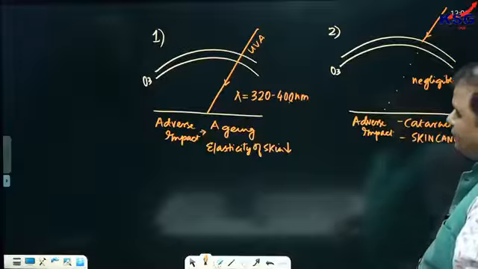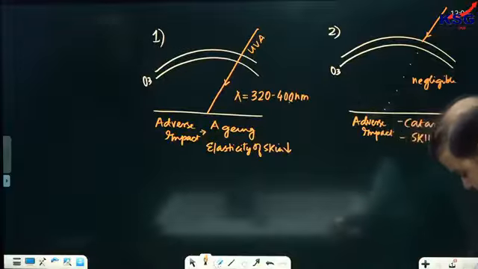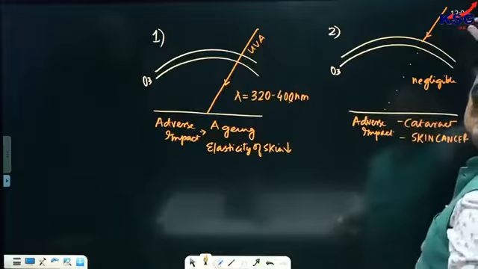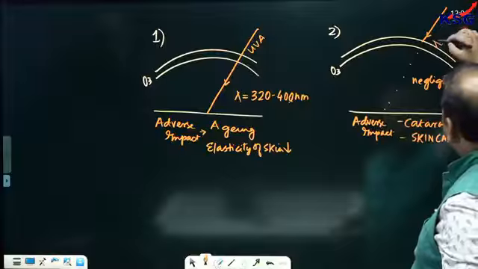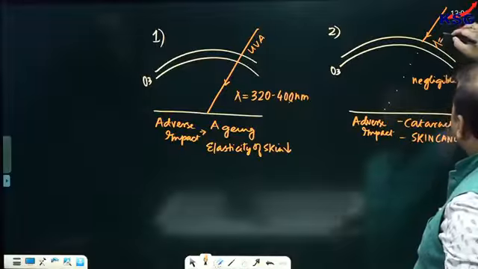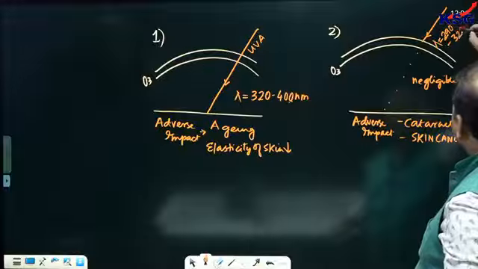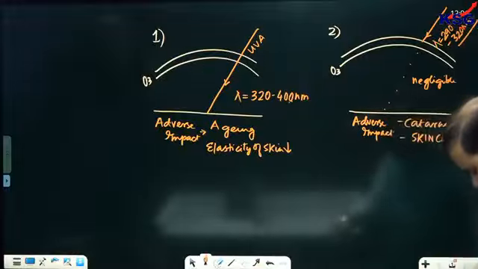And if you see the wavelength of this radiation, the lambda is from 290 to 320 nanometers.